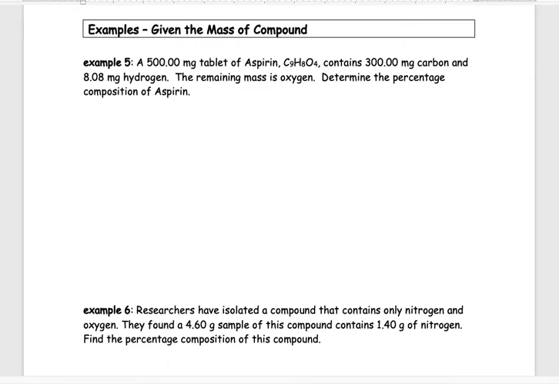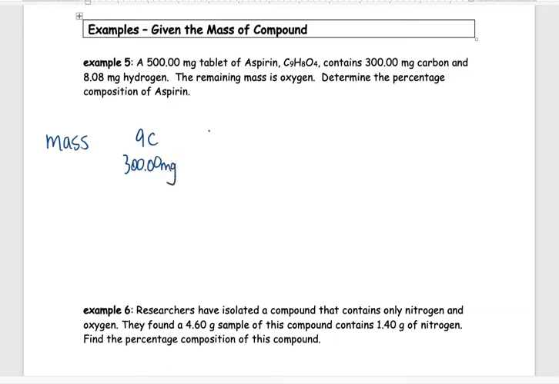So if we're going to go about doing this, we have our masses here. We have our carbon, so we do have our 9 carbons, and they're telling us the mass is already 300 milligrams, okay?